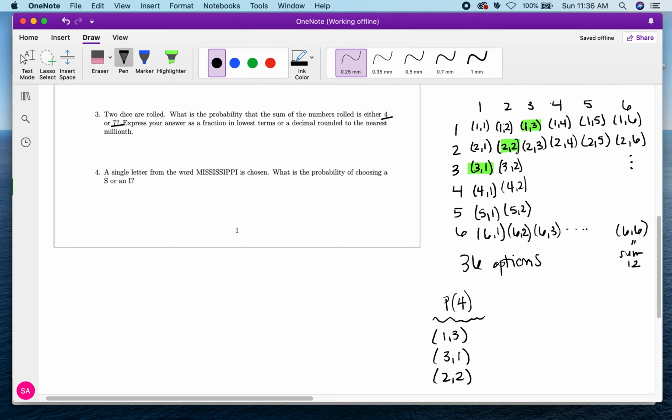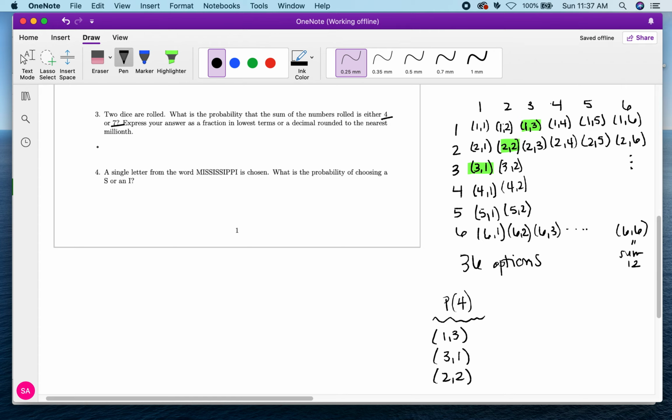But 2 comma 2 only happens one time in that row and that column. So you only account for the ones with the matching number once. So there's 3 different ways out of all the 36 possible ways to roll those 2 dice to get a sum of 4.